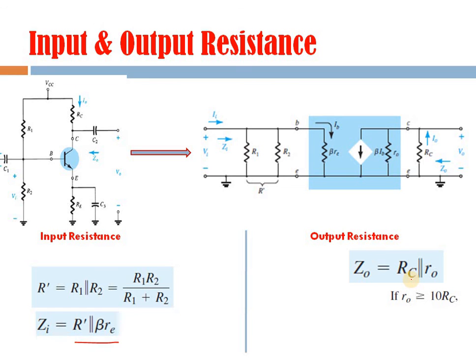RC is a few kilo ohm, or sometimes less than 1 kilo ohm, but R0 is very high, approximately 10 times RC. So in that case only RC will dominate in this parallel combination, and that's why most of the time the output impedance of this amplifier circuit is given by RC only.